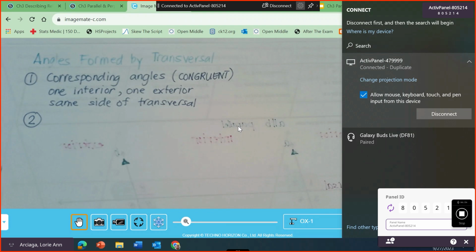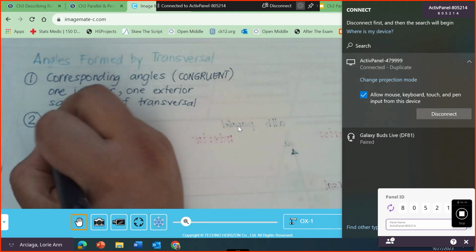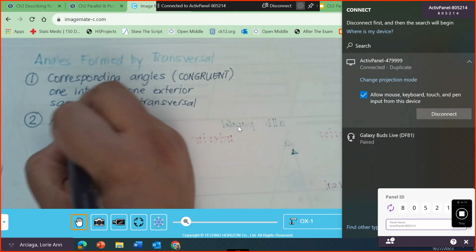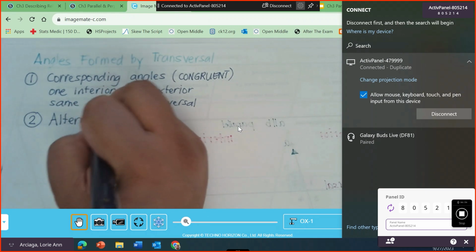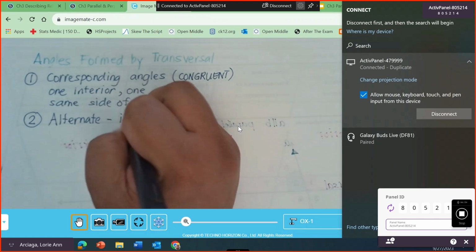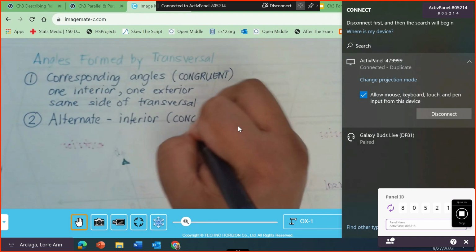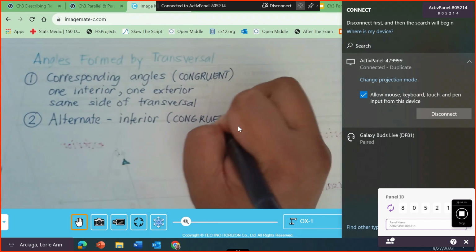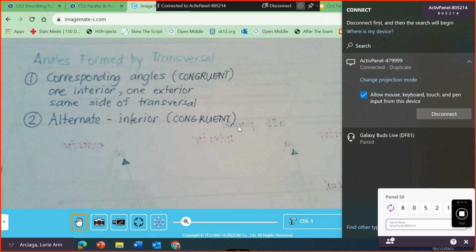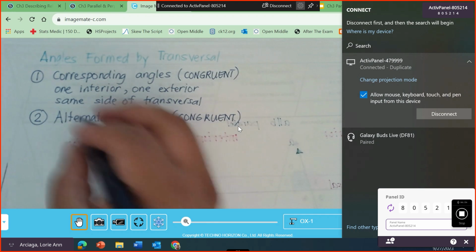All right. Now, let's find more angles. Number 2. We call this alternate interior, and these angles are also congruent. Okay, so what do we mean by alternate interior?